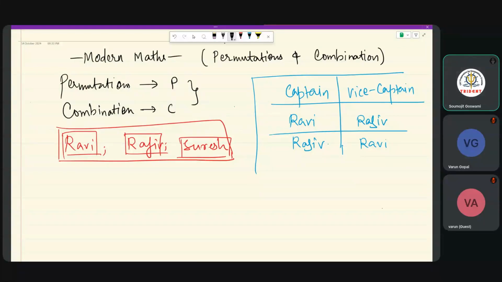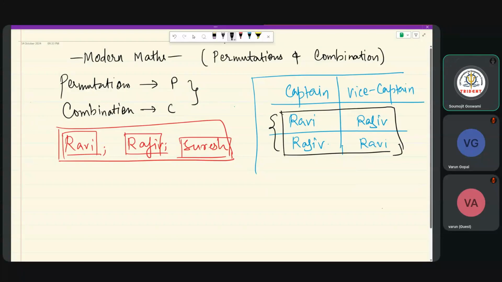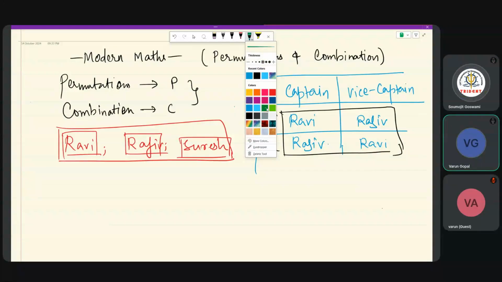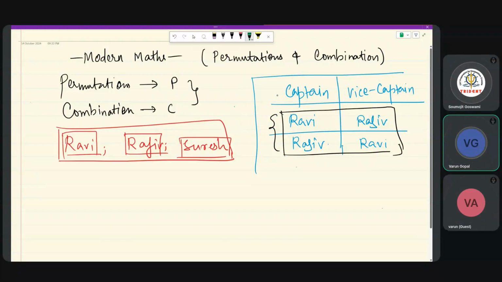Are these two the same? These two setups, I'm using the word setup right now. Guys? No, these are two groups, two different setups.